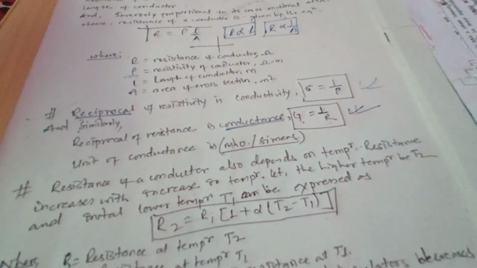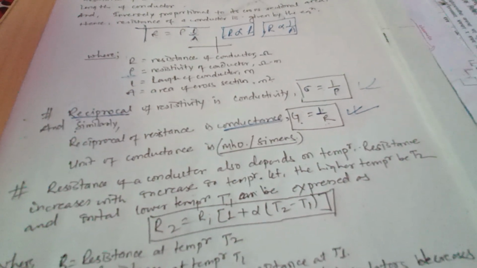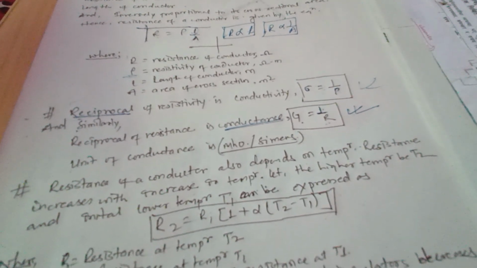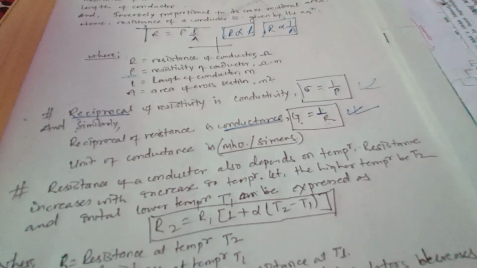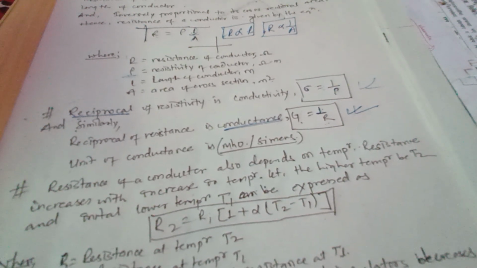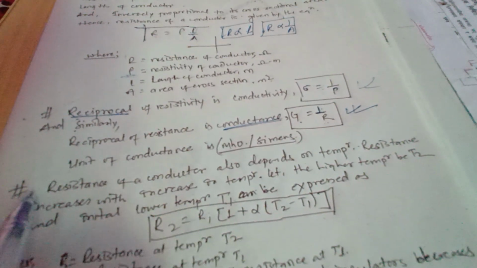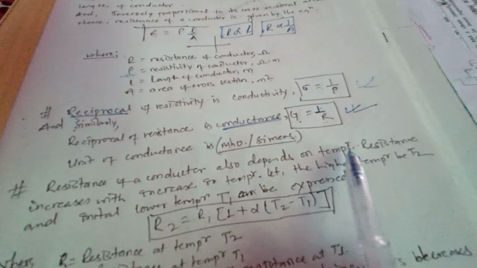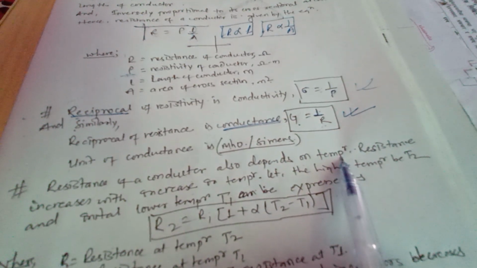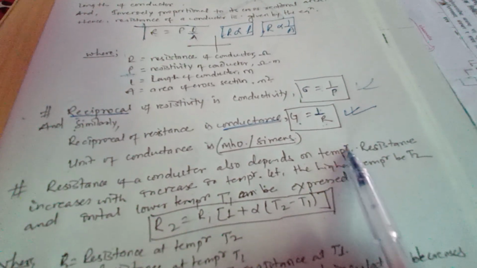Now, in an electrical circuit, the resistance of a conductor also depends on temperature. When the flow of current is opposed or blocked, then in proportion to the resistance there is an increase in temperature.